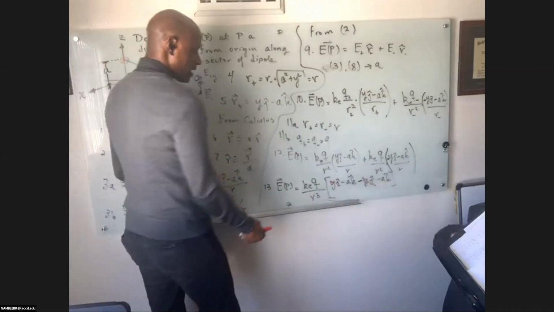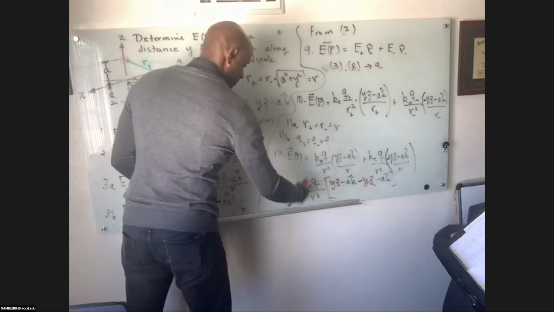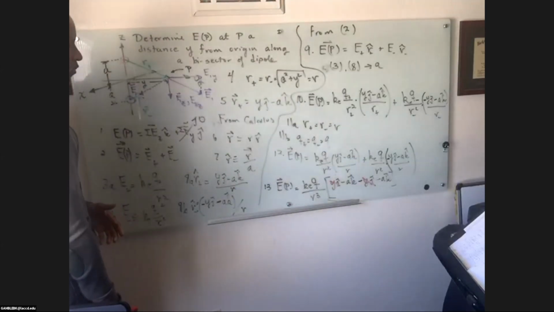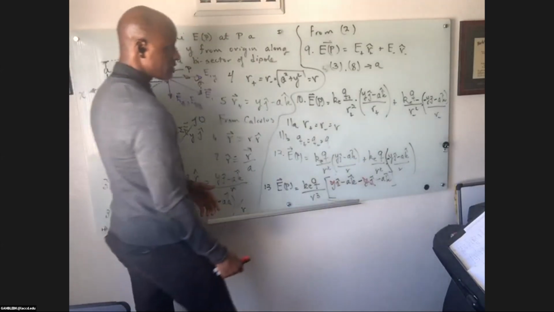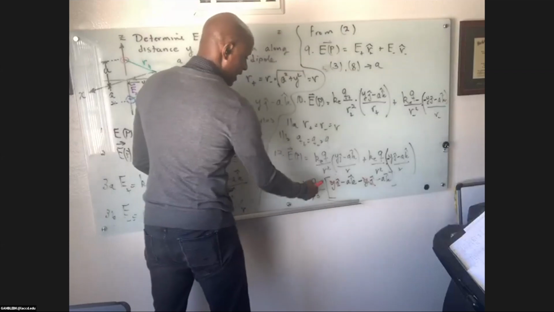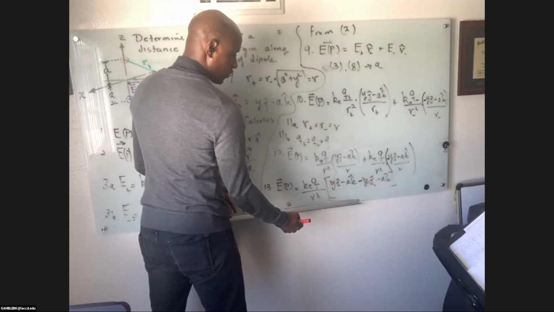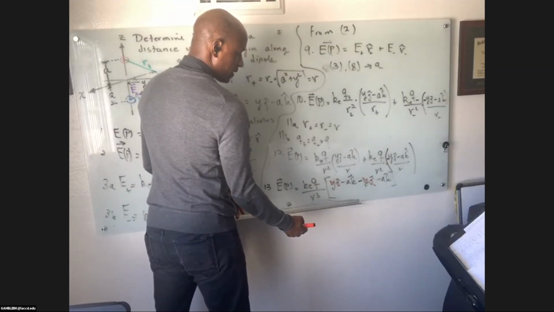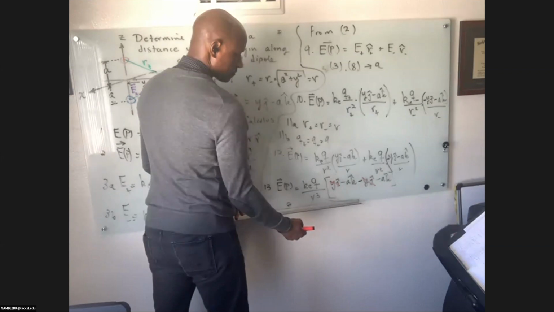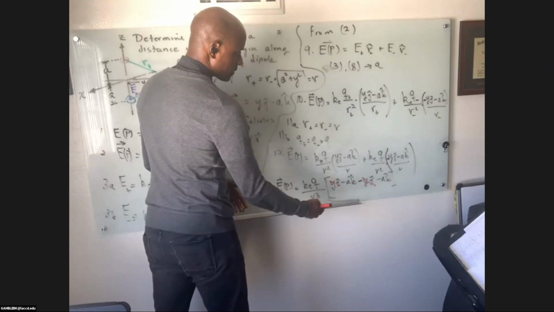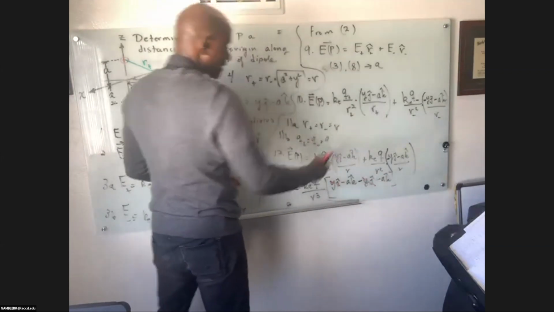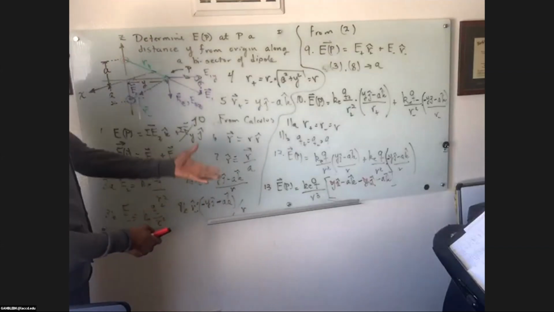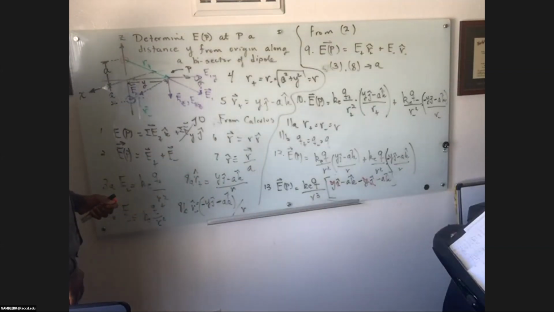And the magnitude of each individual component is kq over r squared, times a, right? And so that works out to match your intuition. So let's finish up the problem and see what we get.